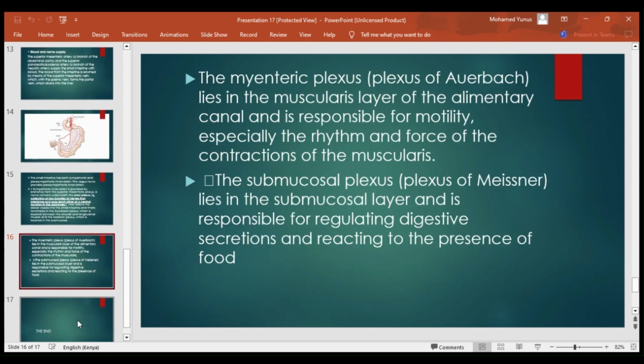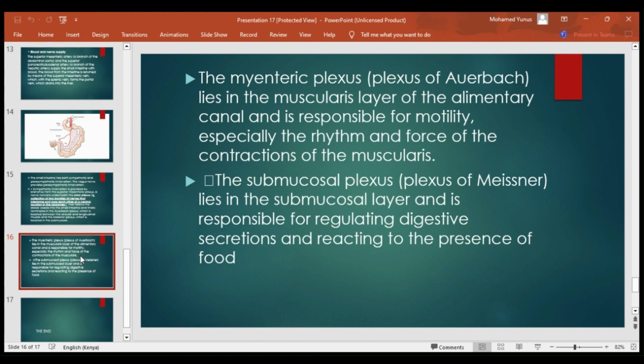Then we find that the myenteric plexus, the plexus of Auerbach, lies in the muscularis layer of the alimentary canal and is responsible for motility, especially the rhythm that forces the contraction of the muscularis. We also find that the submucosal plexus, also known as the plexus of Meissner, lies in the submucosal layer and is responsible for regulating digestive secretions and reacting to the presence of food.